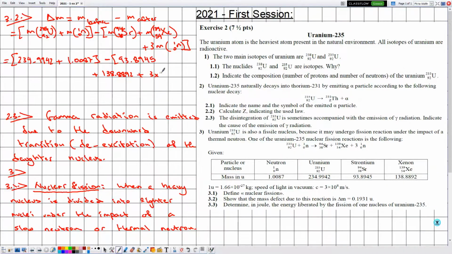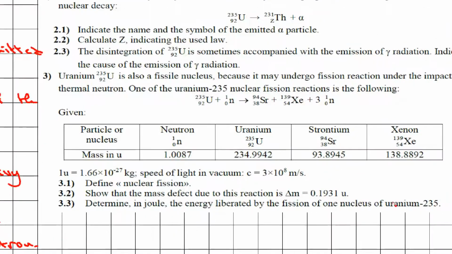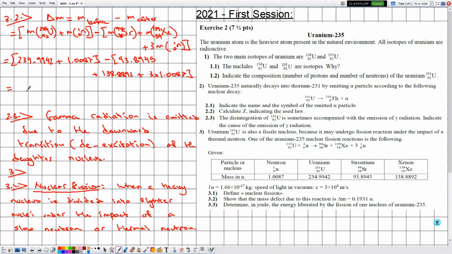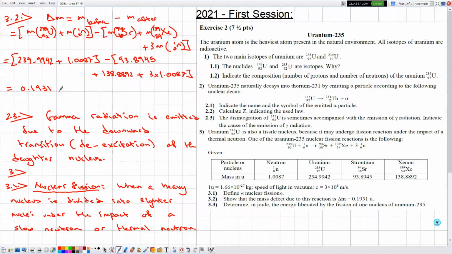Now indeed, plugging this complicated algebraic expression into the calculator and making sure that we include all the decimals, the value of delta m is given by 0.1931, since all of these masses are in this unit U, which is the atomic unit.